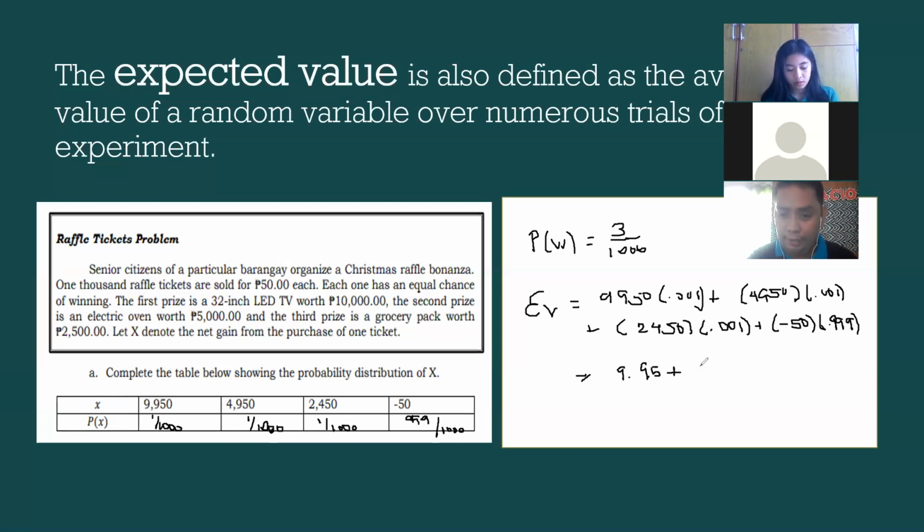That's 4.95, plus 2,450 times 0.001. It's 0.45, minus 50 times 0.999, 49.95.